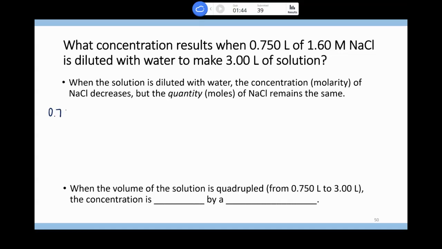So we can take 0.750 liters times the concentration of that solution, so 1.60 moles of sodium chloride per 1 liter. So 0.750 liters of a 1.6 molar solution is 1.20 moles of sodium chloride.